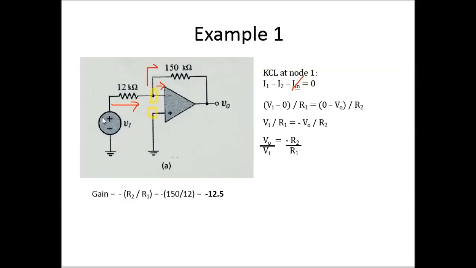So V in, VI over here, so your VI minus 0. Why is it 0? Because it is grounded. Your V2 here is 0 volt, so this is also 0 volt. So V in minus 0 over R1 is equivalent to 0 minus V out over R2.